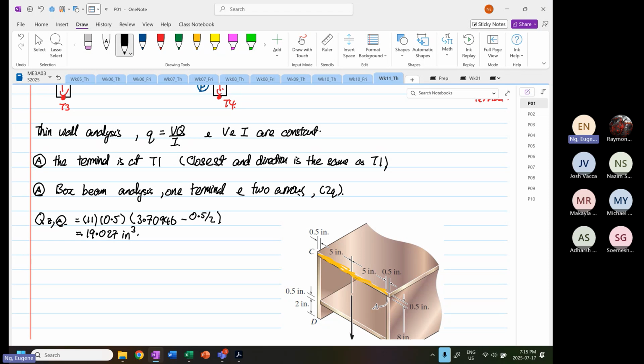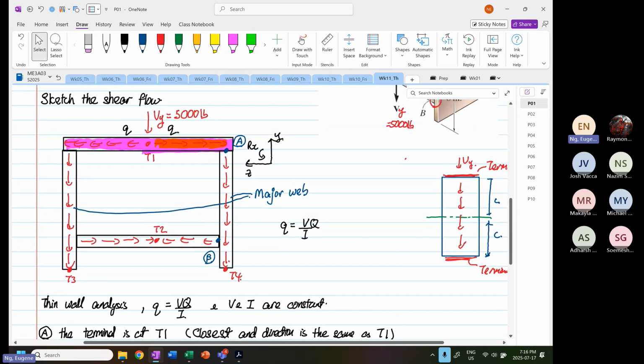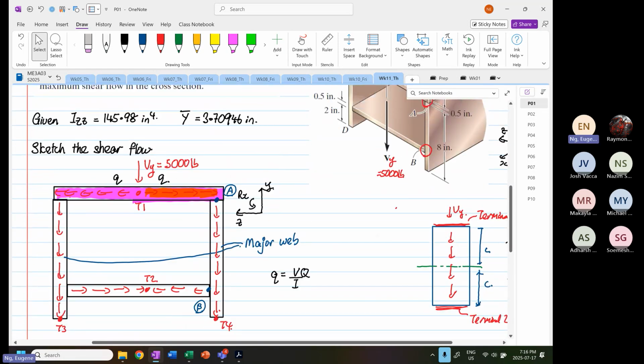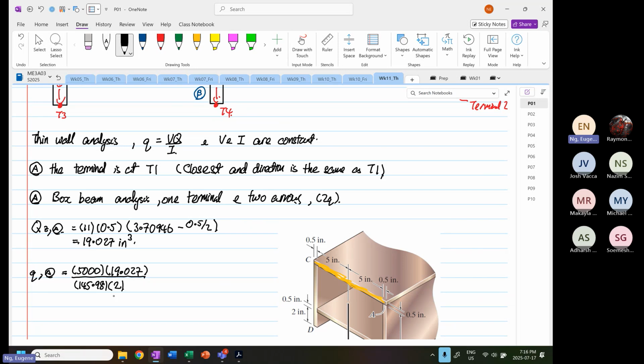So from here, Qz at point A, or the shear flow, small q at point A, is equal to V. V over here is 5,000, times Q, 19.027, divided by the second moment of area I, which is equal to 145.98, and 2 because of what?